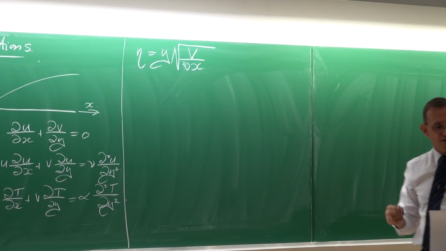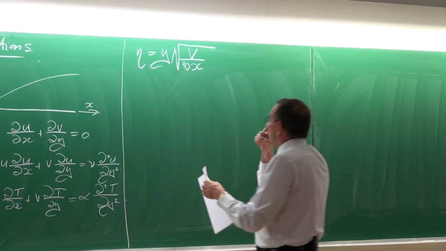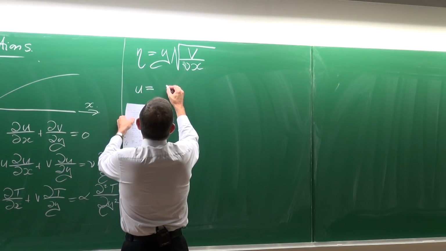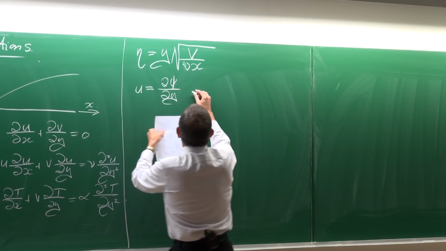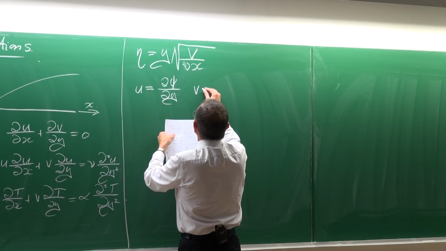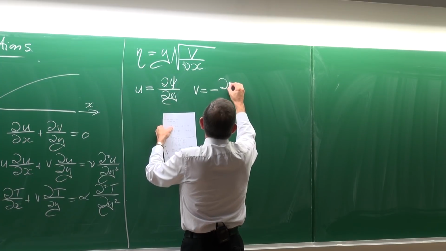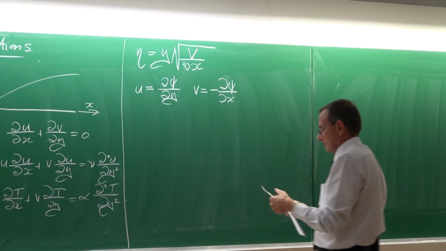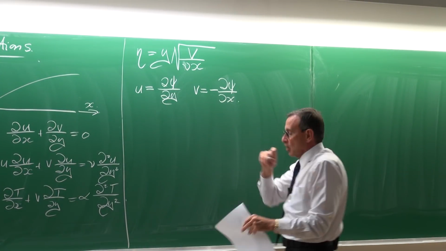I'm going to define the similarity variable, and together with that I am going to make use of the principle of stream functions. u is equal to dψ/dy, and v is equal to minus dψ/dx. So these are stream lines, and those are the velocities.